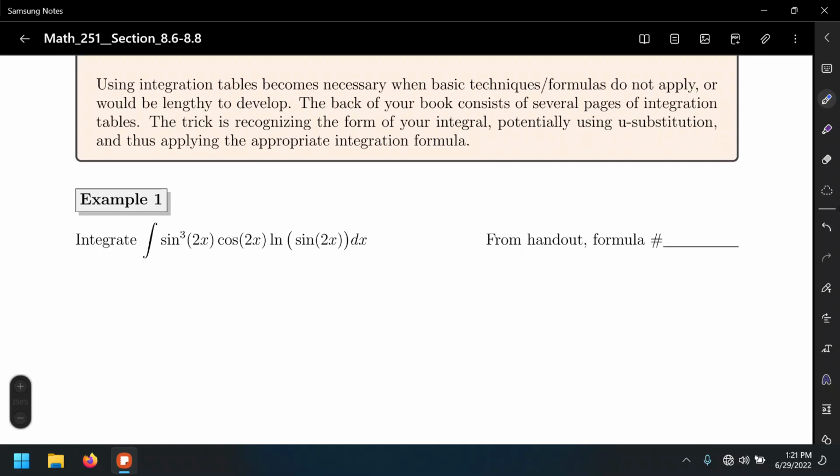The real trick here is to identify the form, the type of function that we have, and if anything can be taken as a u du.